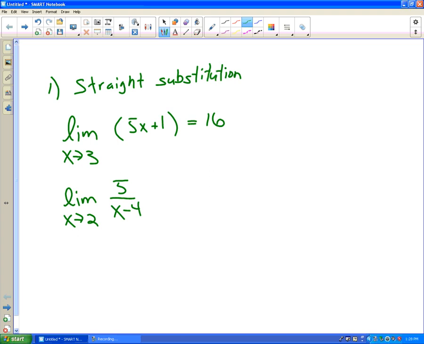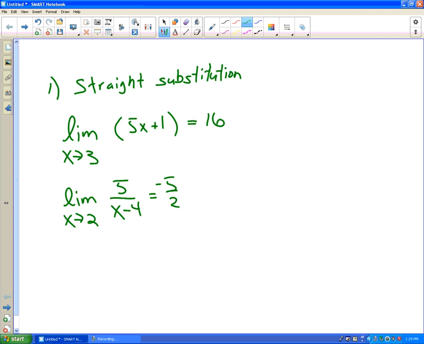But even this rational function, the limit of the function 5 over x minus 4 as x approaches 2, sure, this function does have some places that cause us concerns, but 2 is not one of them. We can simply plug in 2. My denominator becomes negative 2, which is super great for us. So this particular limit would be negative 5 halves.